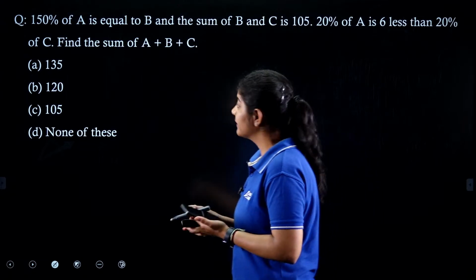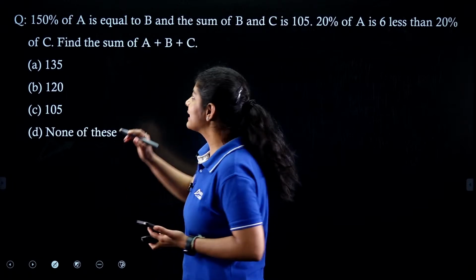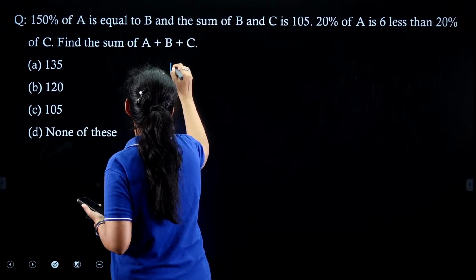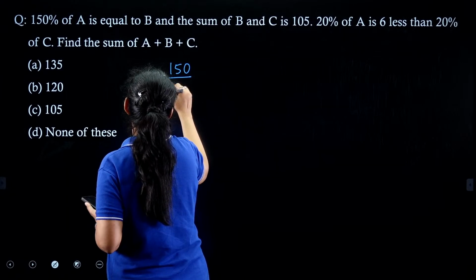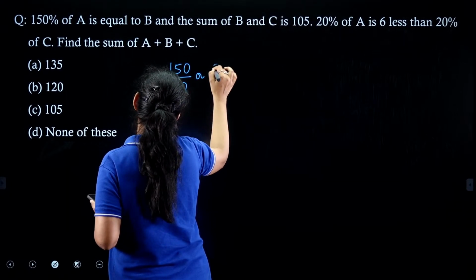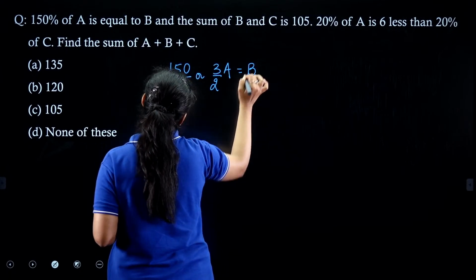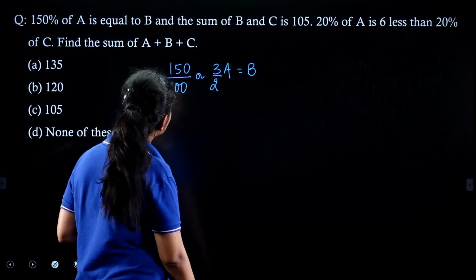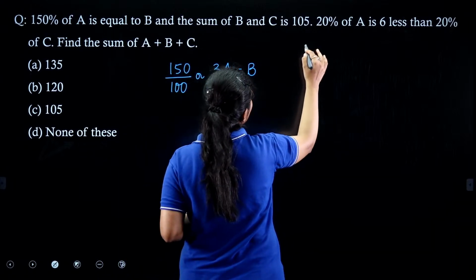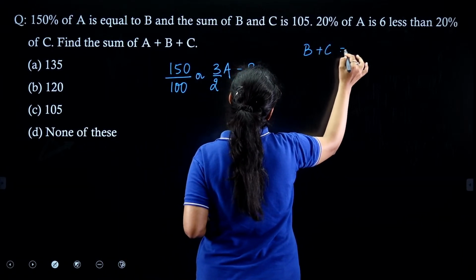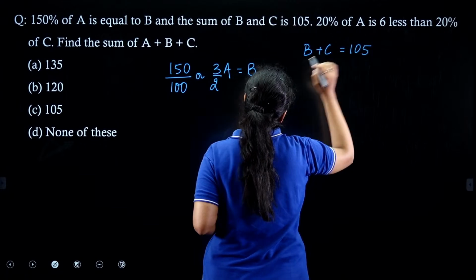What about others? So the question is simple. It's 150% of A. So 150%, I can write it like this, or you can write it like 3 by 2. Right? 3 by 2 of A is equal to B. This is what we are having, right? And the second thing, it is given that B plus C is equal to 105.